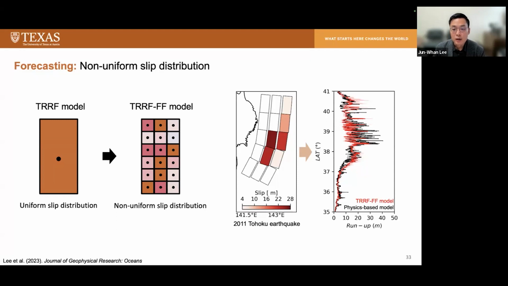So we recently improved the tsunami machine learning modeling framework to consider earthquakes with non-uniform slip distribution. I didn't prepare the details of how it works, but the right figure shows one example study for the 2011 Tohoku tsunami case, where the red represents the machine learning model prediction and the black represents the physics-based model prediction.